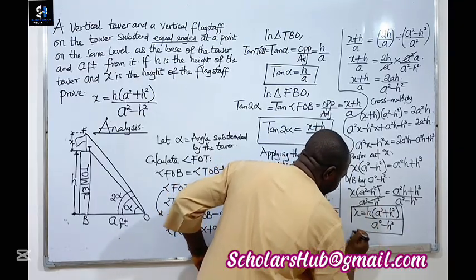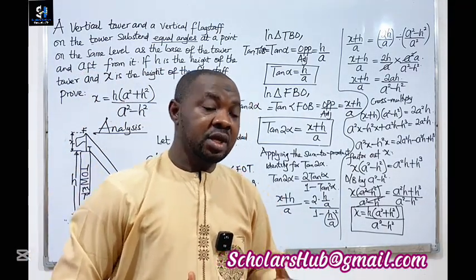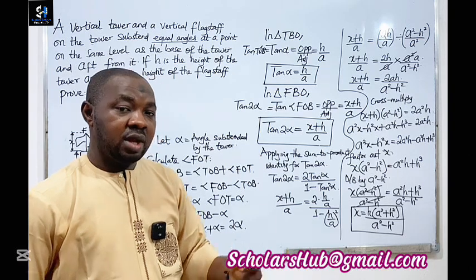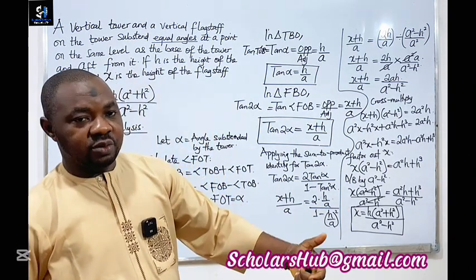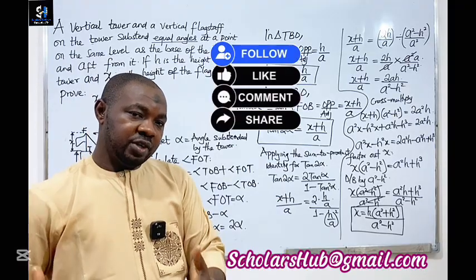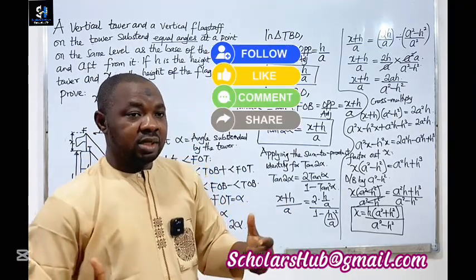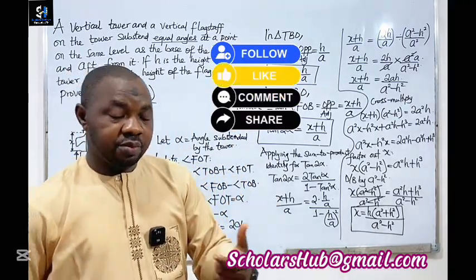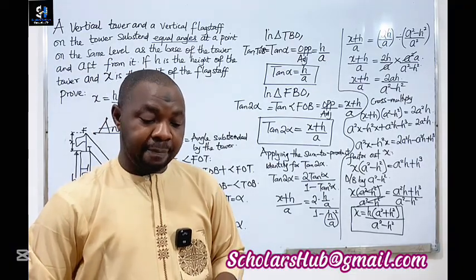And we just proved that the height of the flagstaff is equal to the product of the height of the vertical tower and the difference of the squares of the distance from the point of observation to the base of the vertical tower and the height of the vertical tower, divided by the sum of the squares of the distance from the point of observation to the base of the vertical tower and the height of the vertical tower.